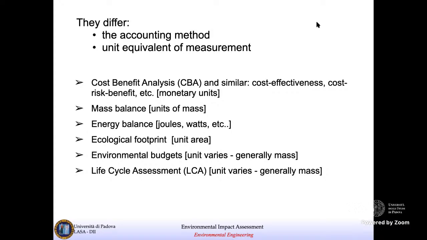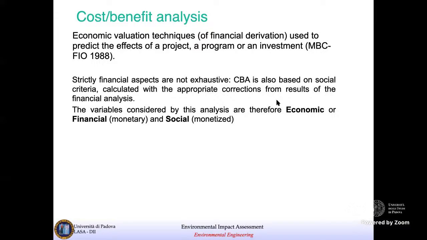As I told you, life cycle assessment is another prototypical accountancy method in which the unit varies. Typically, generally you employ mass, but not necessarily. Someone employs energies or even mixed units.